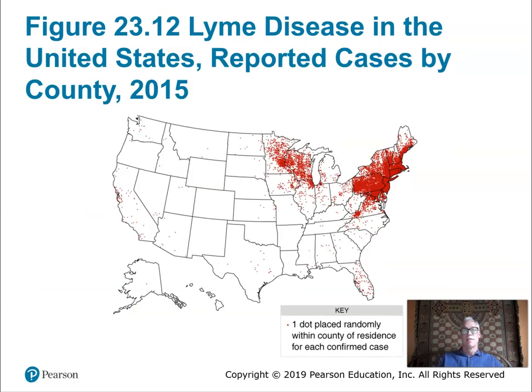And there you can see the density of the reports of Lyme disease in the country. Started in Connecticut. I don't know where it originally came from, but spread to the northeast and it's working its way west through the Great Lakes area, but it's starting to appear all over the country.